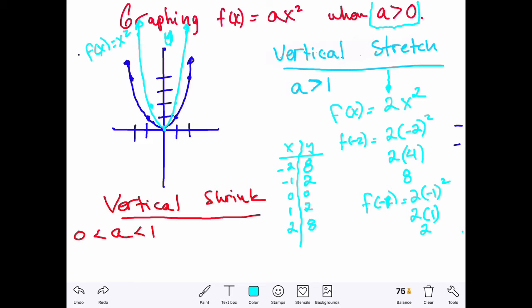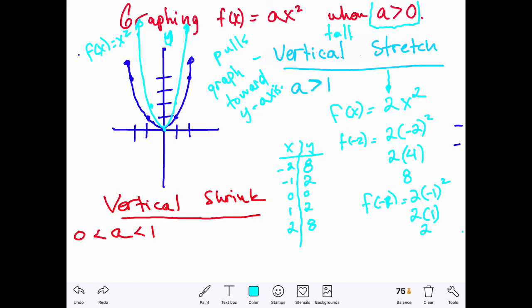Notice, a vertical stretch pulls the graph toward the y-axis. It stretches it towards the y-axis, almost like it's stretched taller and thinner, and I might even put that here.